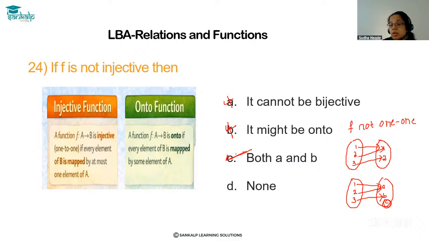In KCET, only one option should be correct. That type of question with more than one option correct will not be there in KCET. So option C, both A and B, that is the correct answer.